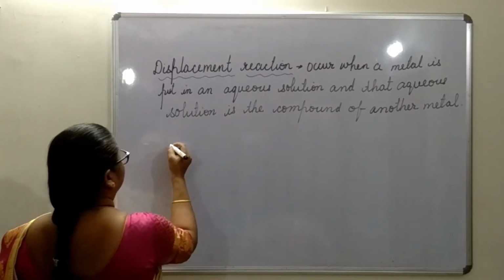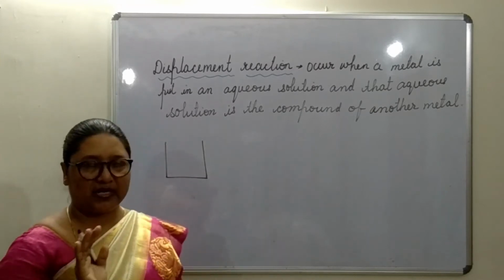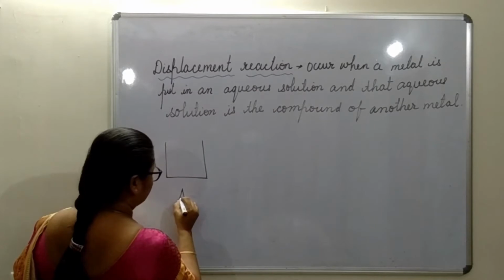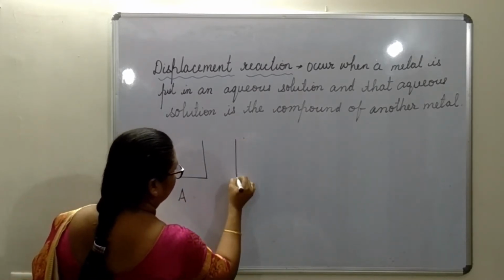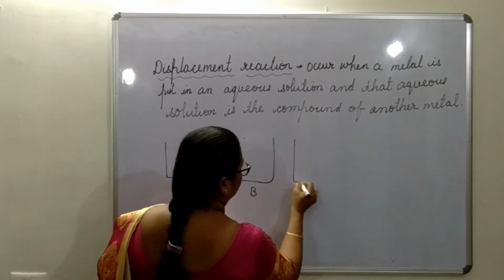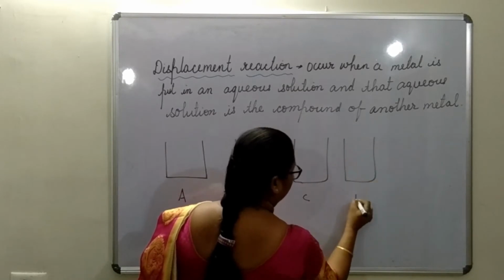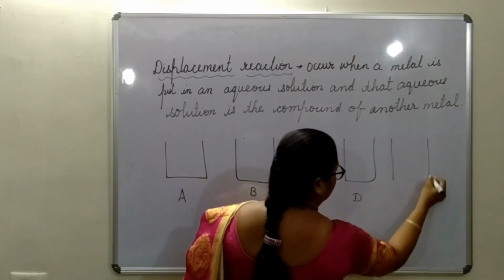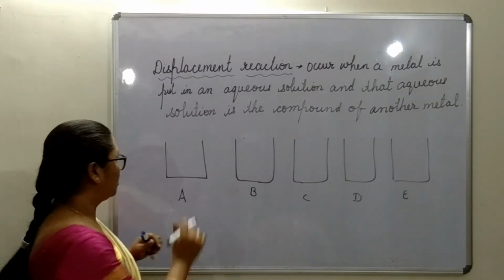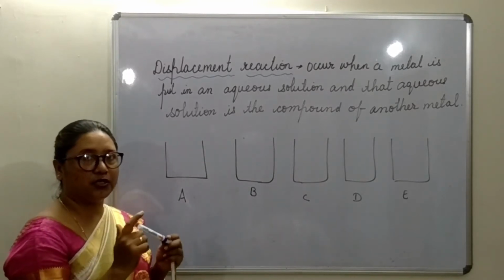In this activity we will take 5 beakers, all of 100 ml. Let's name them A, B, C, D, and this is the last one, beaker E. In these beakers we will put 50 ml of aqueous solution.